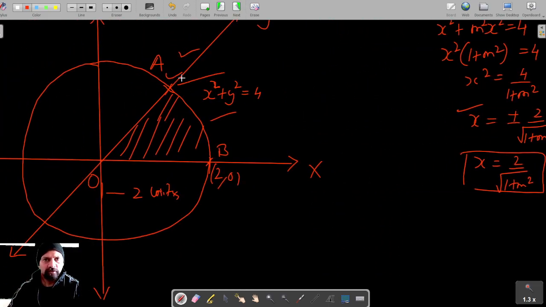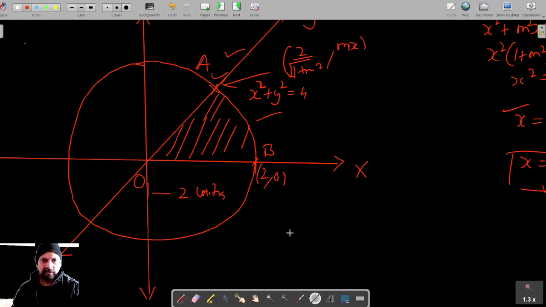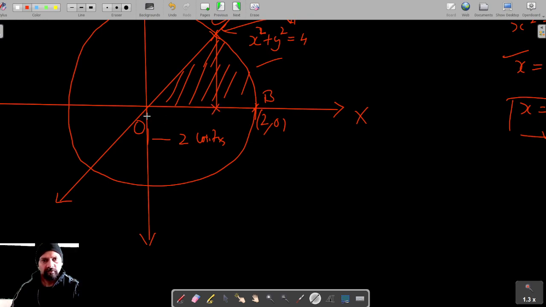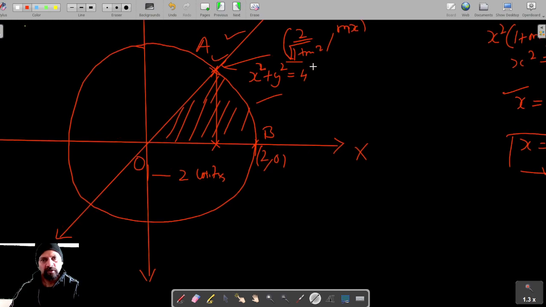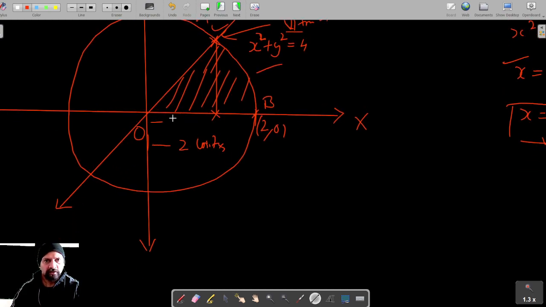So the coordinates of the point of intersection are 2 upon under root 1 plus m square, and m times that. So we can divide this region into two parts, and this distance is 2 upon under root of 1 plus m square.